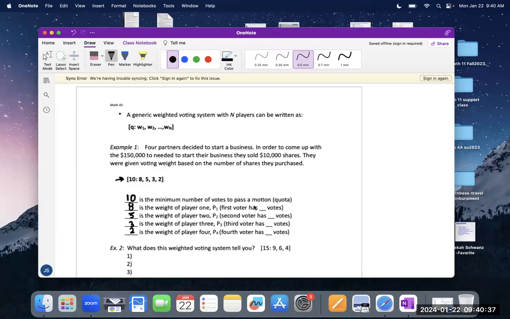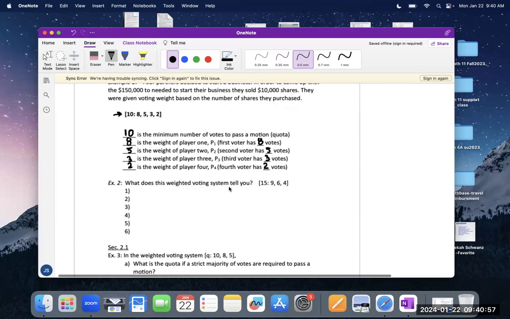Because the first player has 8 votes, the second player has 5 votes, the third player has 3 votes, and the fourth player has 2 votes.